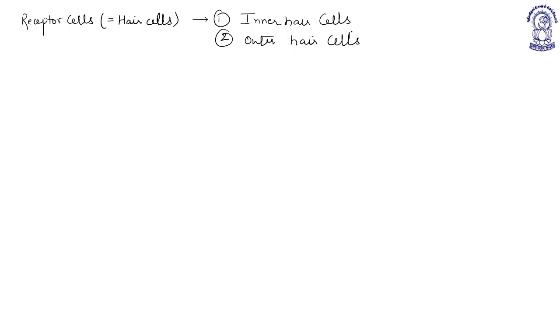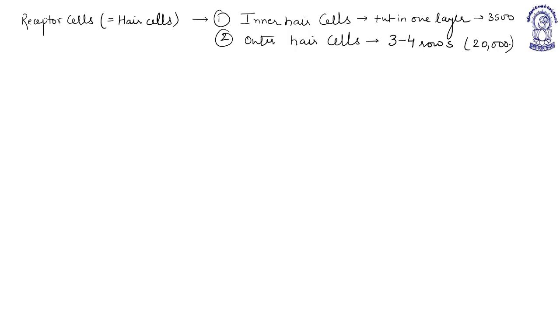Inner hair cells are present in one layer, around 3500 in number. The outer hair cells are present in 3 to 4 rows, around 20,000 in number.